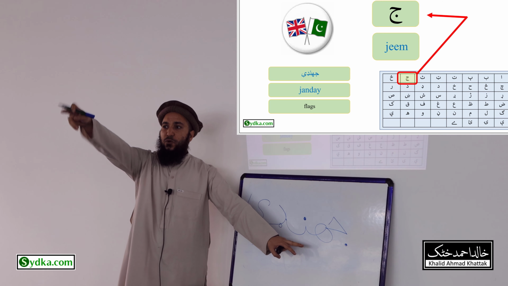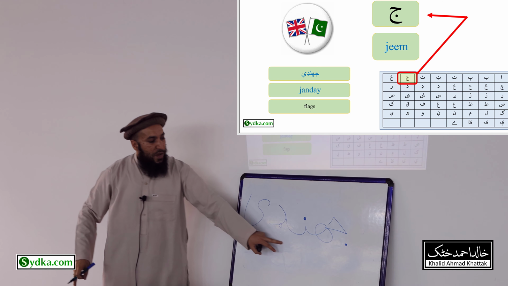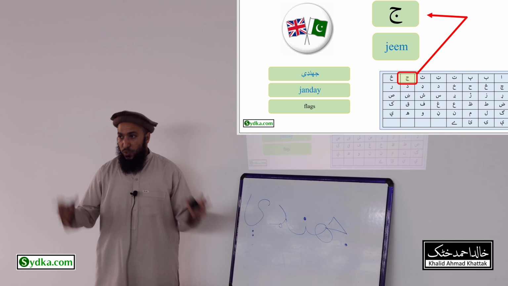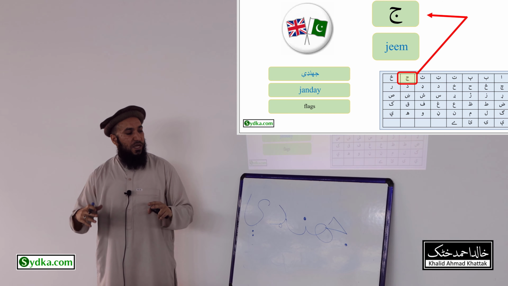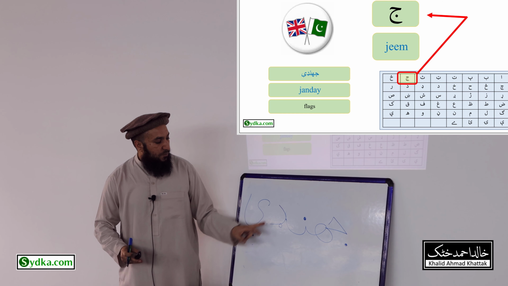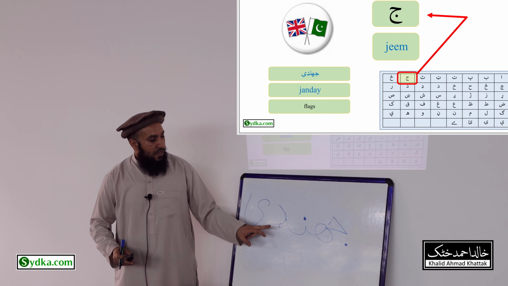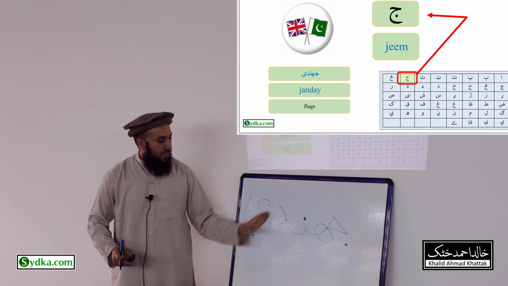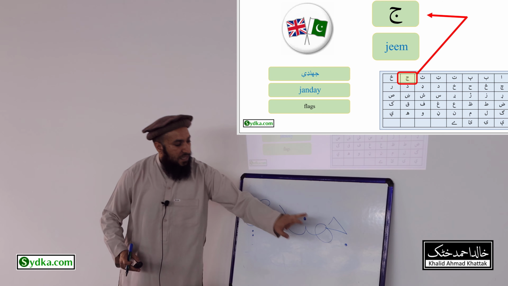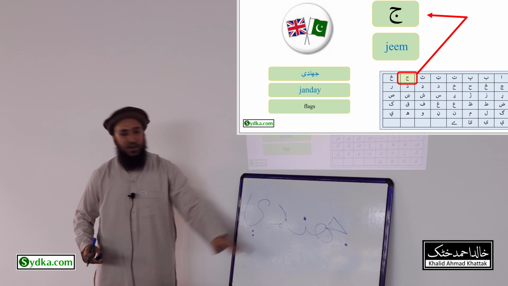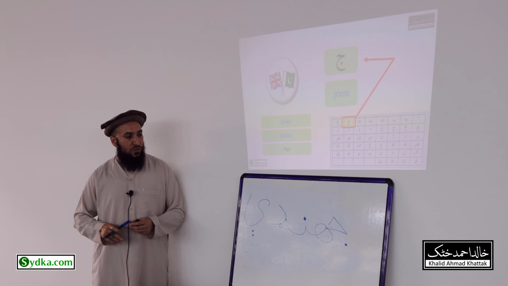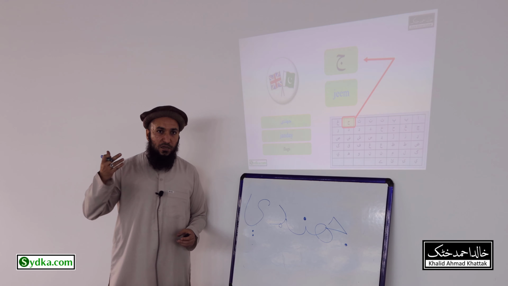So remember the question you asked earlier, whenever we can connect letters, we have to connect them in one word. But here we can't, because Dal is a non-connector, so there's a space. Otherwise, this is a connector, this is a connector, this is a connector. So whenever connectors come together in a word, we have to connect them according to the rules of writing in Pashto. Maybe Urdu and Arabic, same thing, yeah?